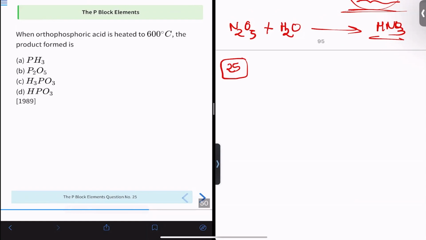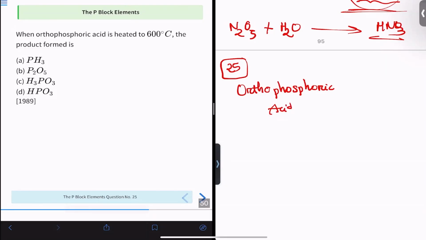Question number 25 says, when orthophosphoric acid is heated at 600 degrees Celsius, the product formed is what? What is orthophosphoric acid? I told you in the first lecture of P block elements, again and again, to remember that.